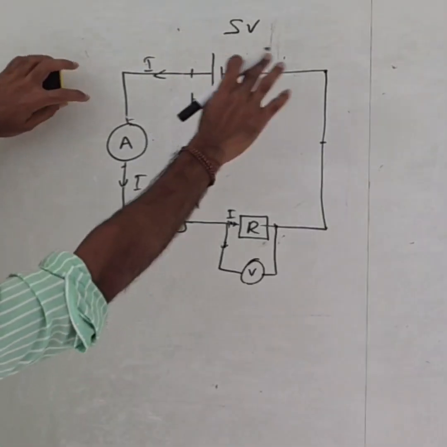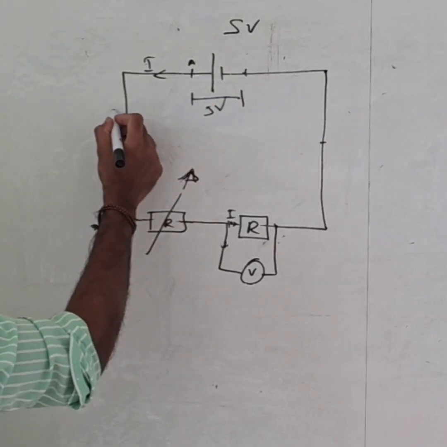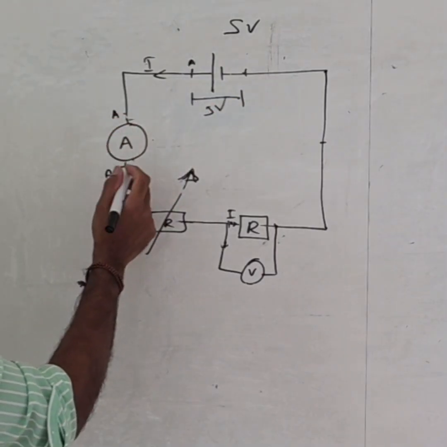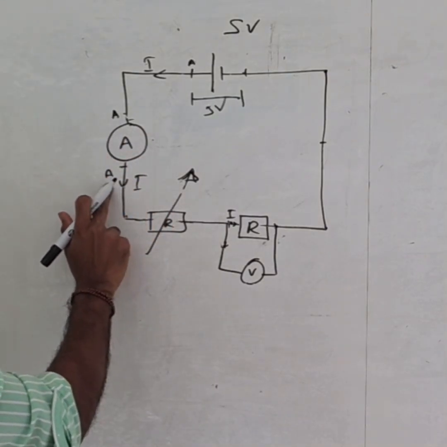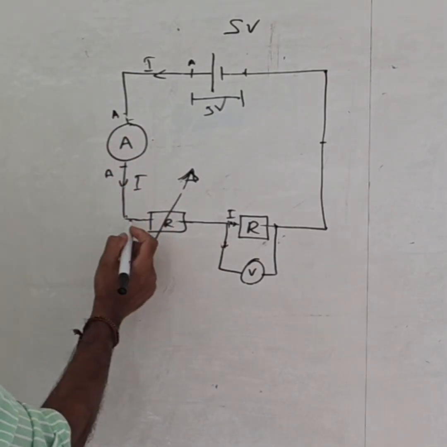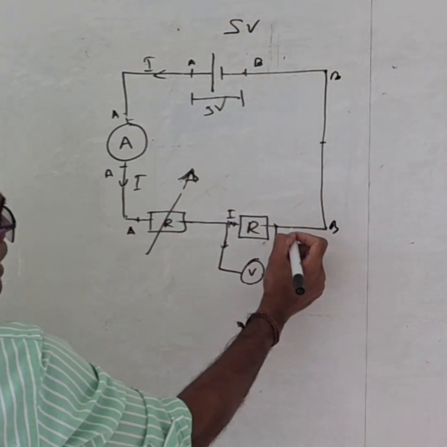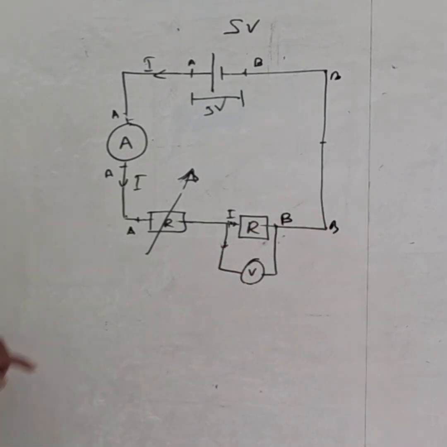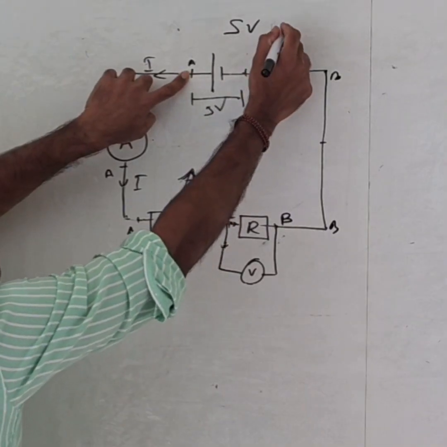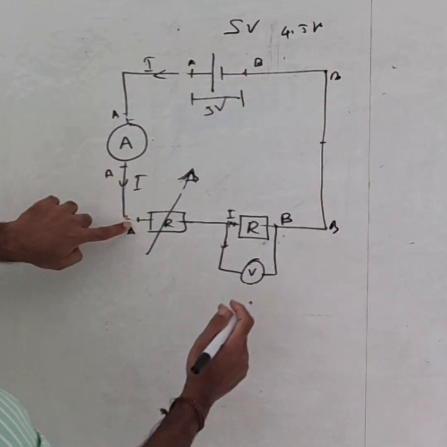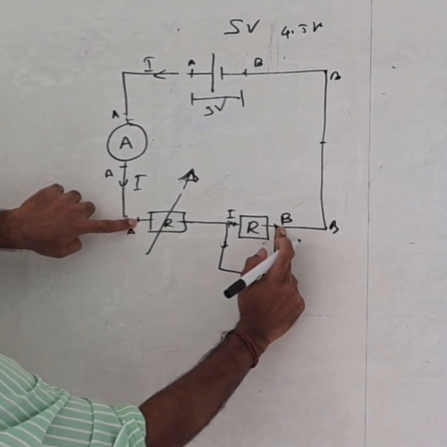The reason is, in the previous diagram I showed, say you have a point A here and a point B. If you assume this ammeter does not have any resistance, we can say this is also the same as A, and this point is A. And like that, if it is B, this point is B. Now, if I say the voltage across these points is 5 voltage or 4.5 voltage, something like that, we can tell that the voltage across these 2 points is 5 voltage or 4.5 voltage.